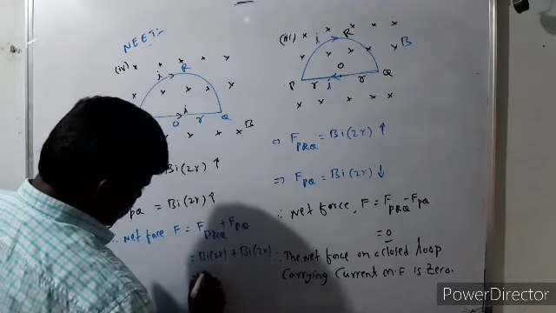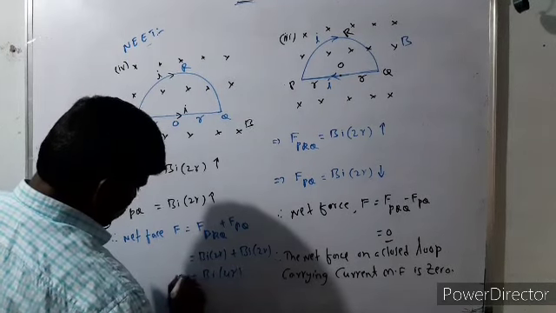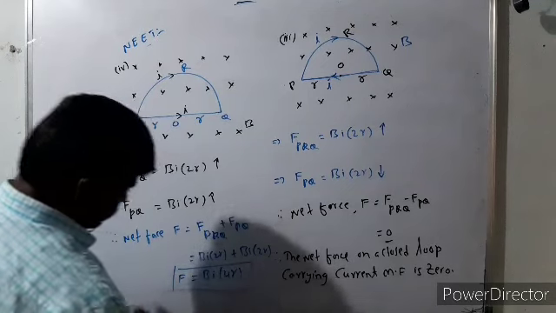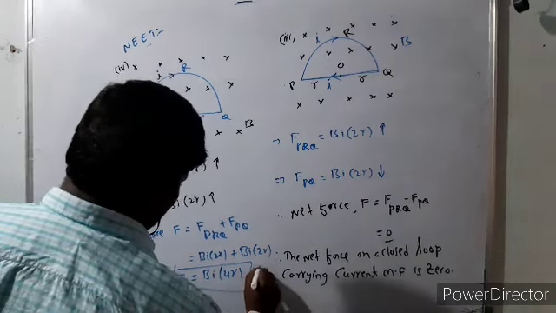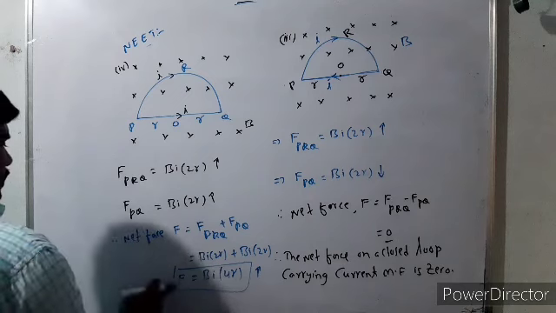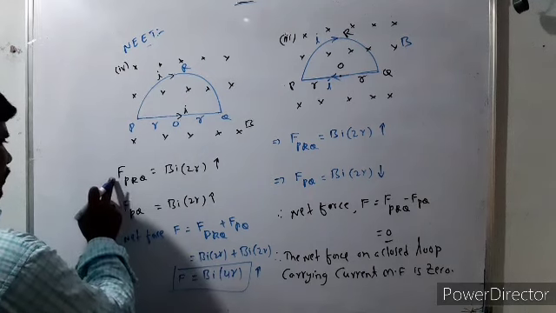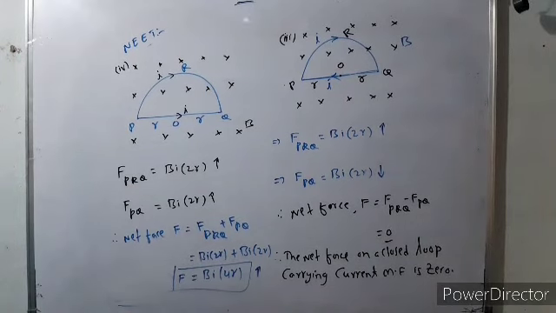From that we can write F is equal to BI 4R. The direction of that force is upwards. Why? PRQ is upwards, PQ is also upwards. Therefore F is the resultant of F_PRQ and F_PQ, and the resultant force is also upwards.